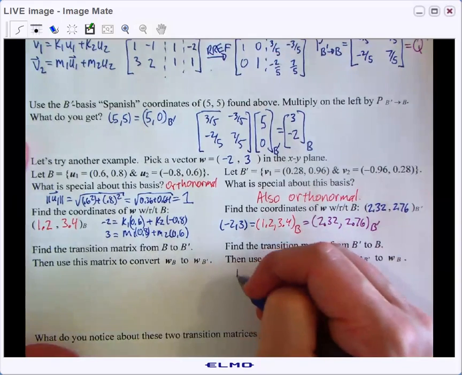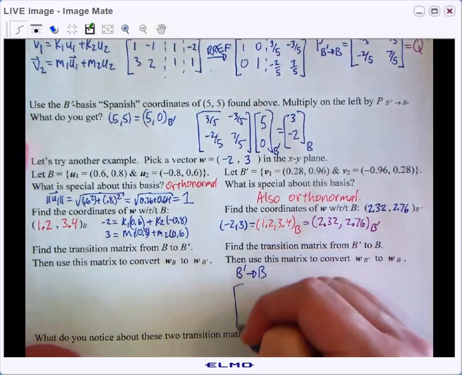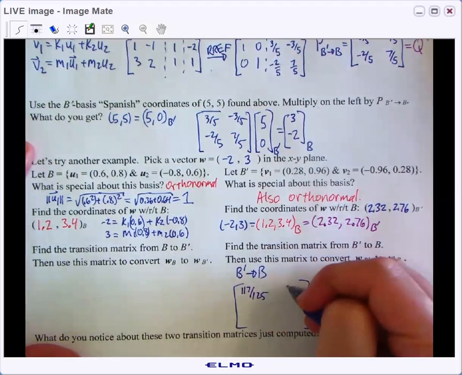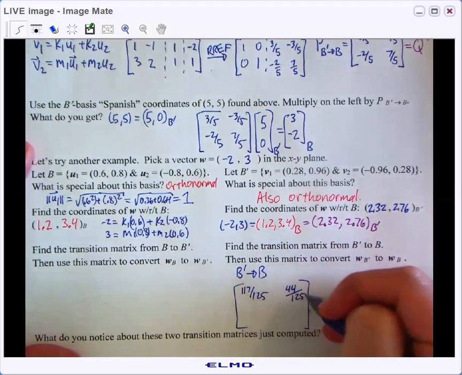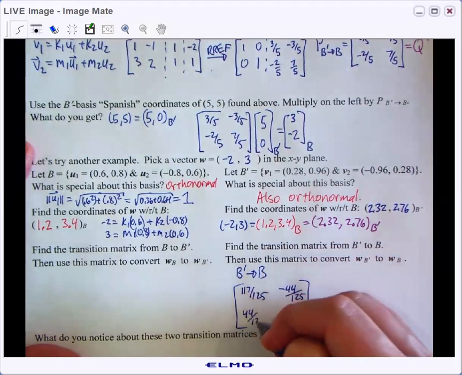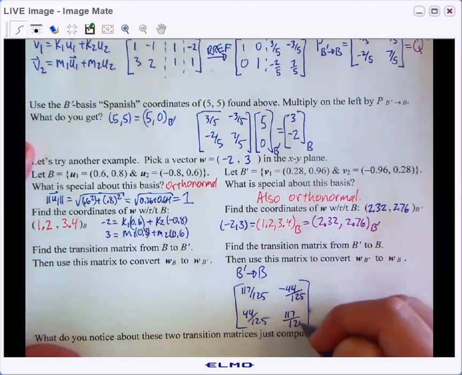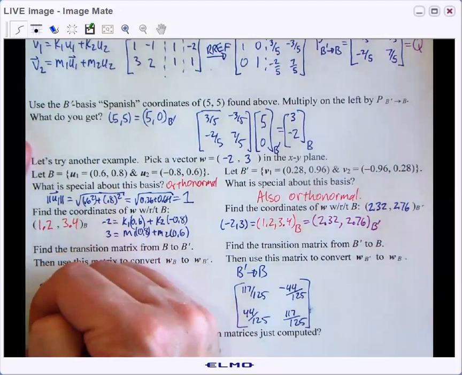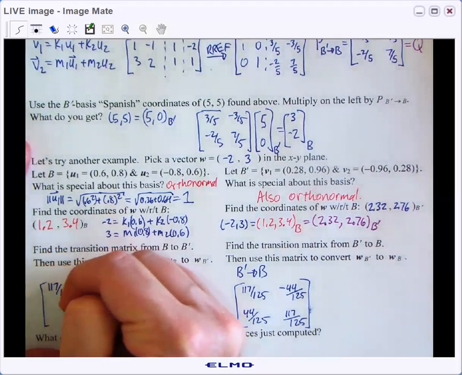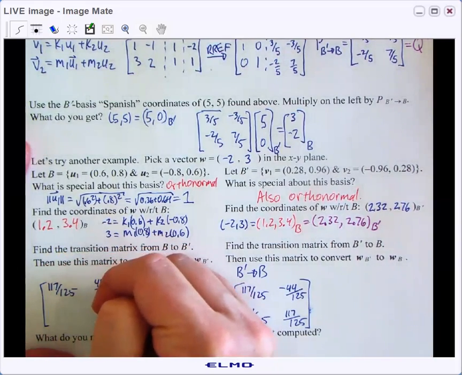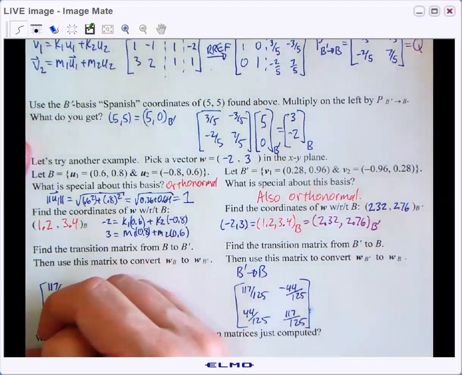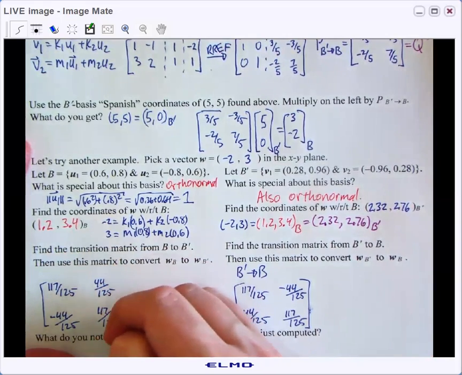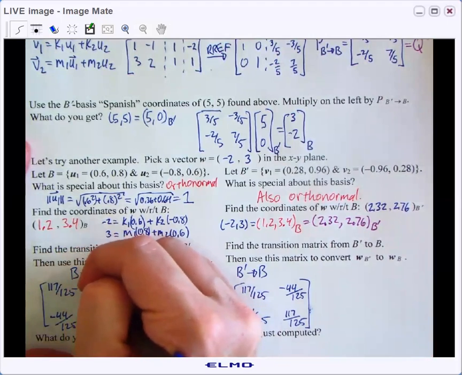So the transition matrix from B prime to B is this one, and the transition matrix from B to B prime, so this is going to take us from B to B prime.